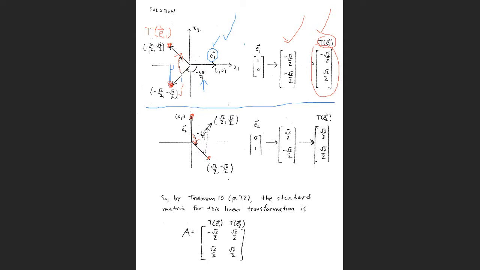And again, if you draw a right triangle, your reference angle is 45 degrees here, and of course the hypotenuse of this right triangle has length 1. And so you get root 2 over 2, negative root 2 over 2 for your transformed point.